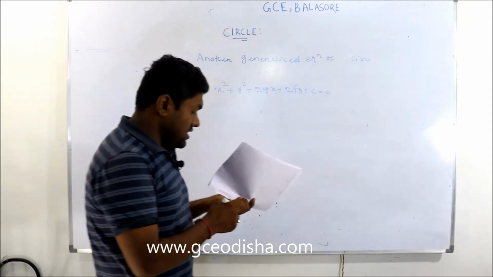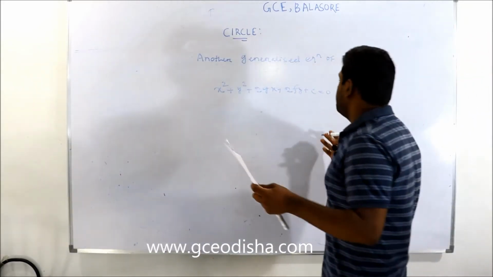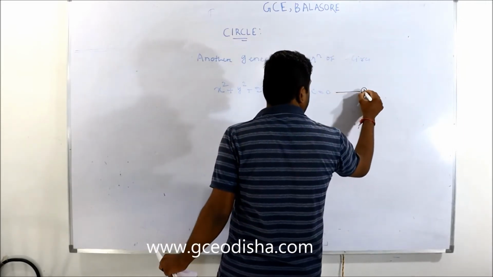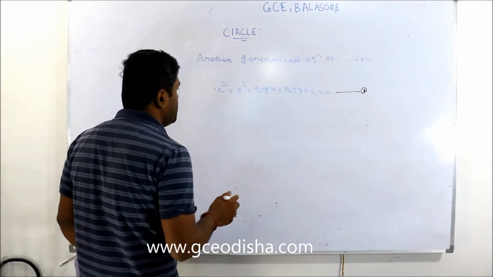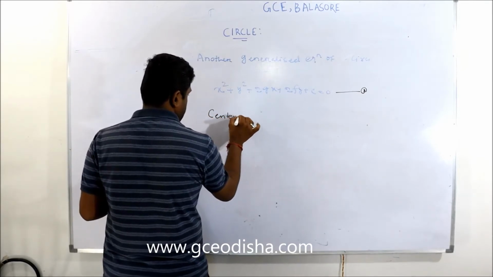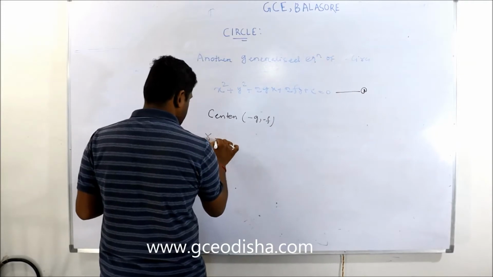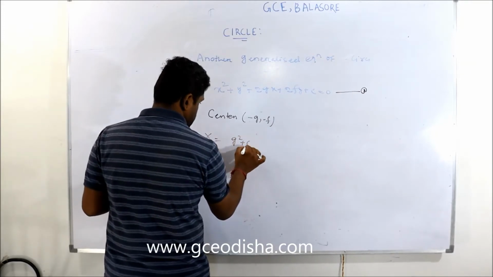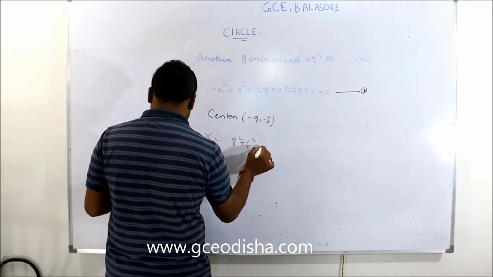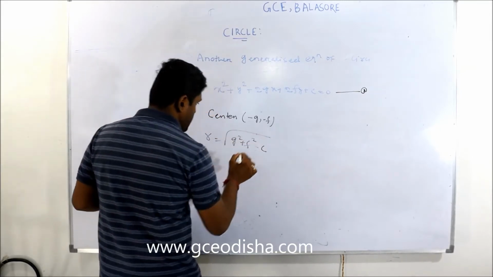This is another generalized equation of the circle. Another form of circle: the center is at (minus g, minus f), and the radius is root over g square plus f square minus c.